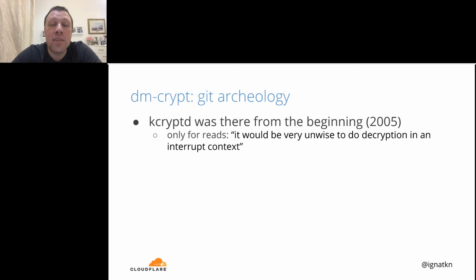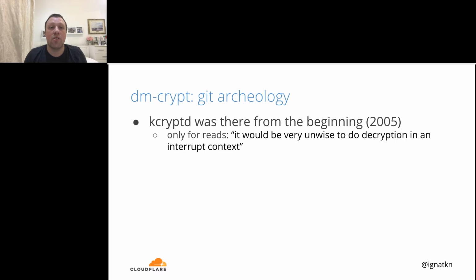And it kind of makes sense in 2005 because when you do a read request, some device drivers will just send your request to the actual hardware, and the hardware may notify the host CPU that your data is ready via interrupt. So you may actually be processing a read request in an interrupt context. So that's why kcryptd was added, not to do decryption in interrupt context.